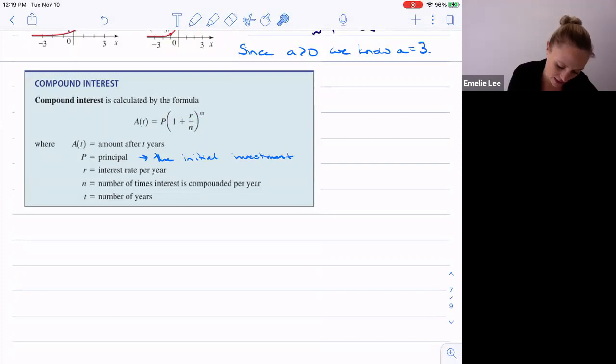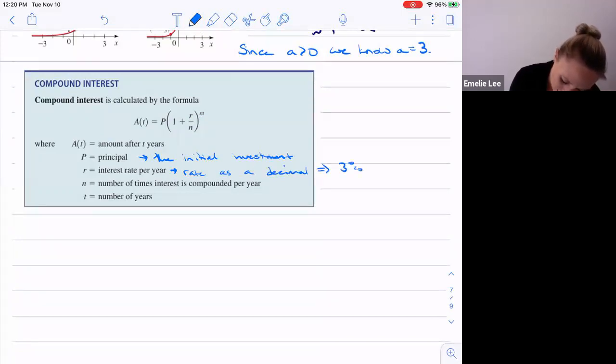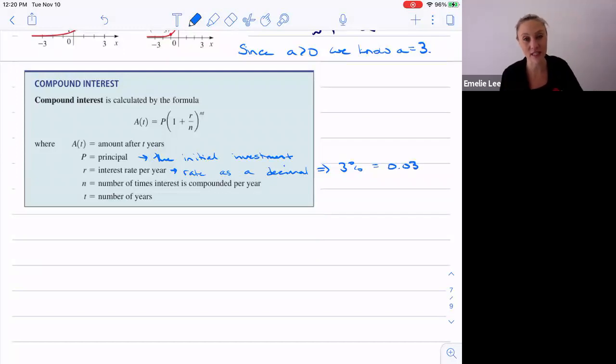So P is the initial investment, and r is the rate as a decimal. That's important, right? Because something like 3% is going to be 0.03, really affecting our math. If you use 3 versus 0.03, you have to divide it by 100.